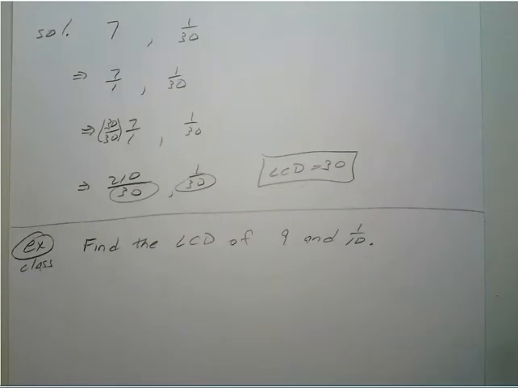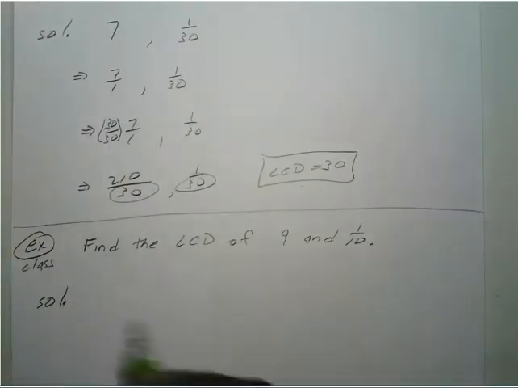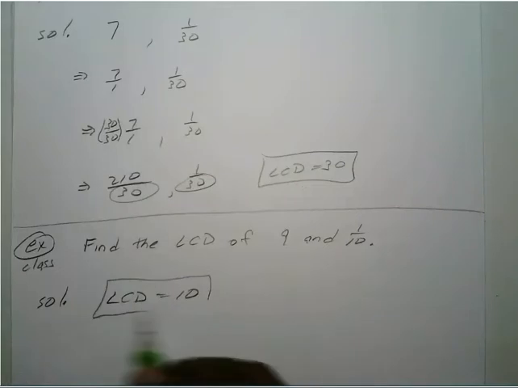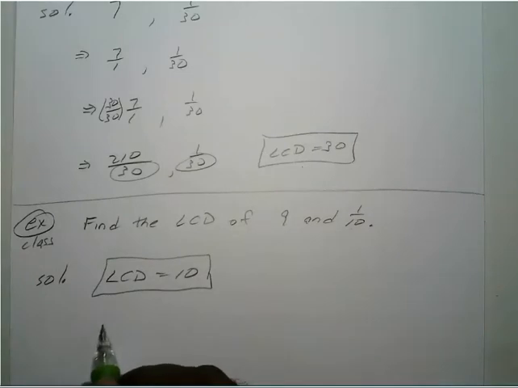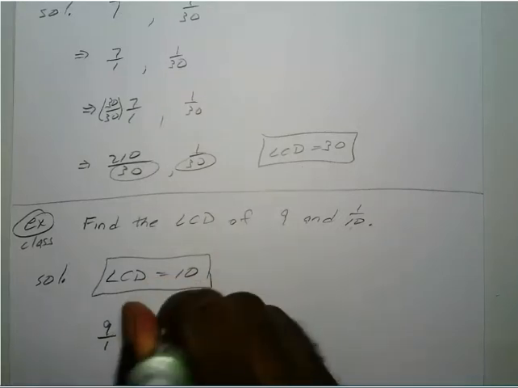All right, so assuming once again that you've pressed pause and worked this one out, we already know just by looking at it that the least common denominator would equal 10, because there's only one denominator. Why is that? Because 9 is just 9 over 1, and 1 over 10.